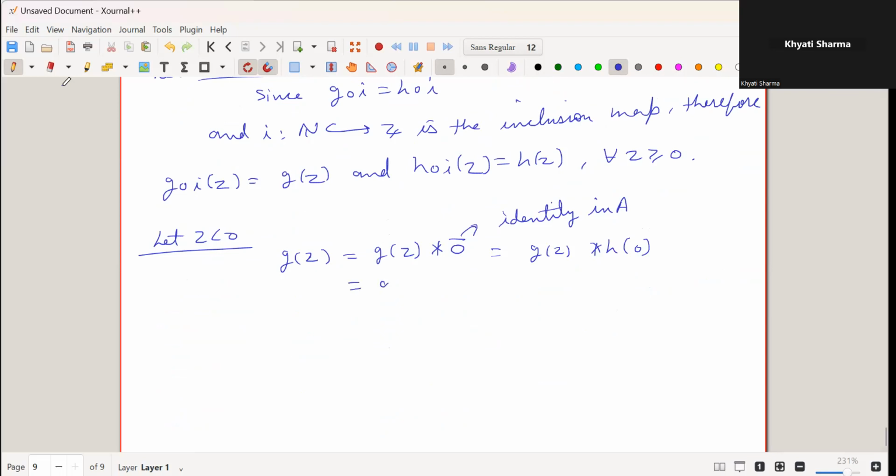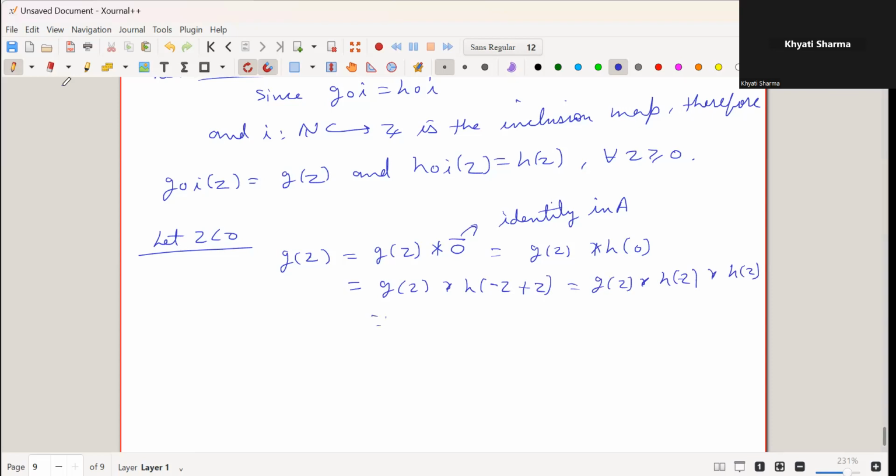Then H of z is nothing but H of minus z plus z, and by monoid homomorphism it should distribute, and this will give you H(-z) star H(z).